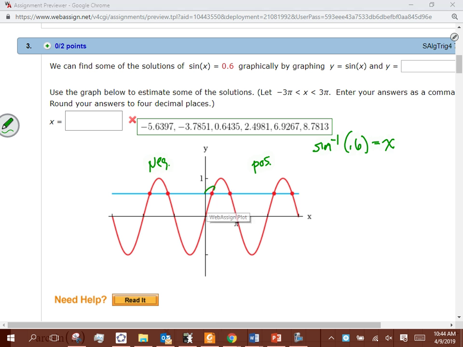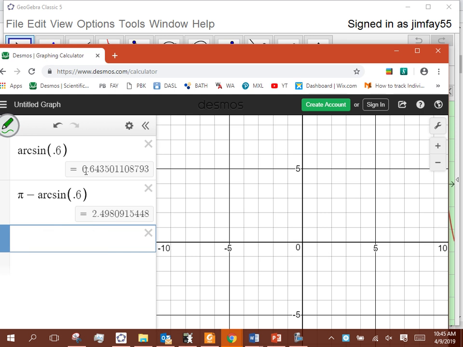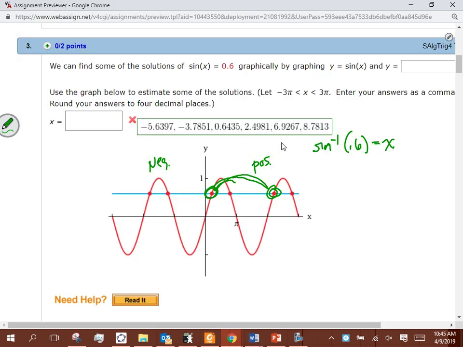Now, how does that one and that one relate? Are they the same point but in a different cycle? Okay, so with the sine function, what is that period? 2 pi. So can I take this number here and add 2 pi to it? Okay, so if I go arc sine of 0.6 and add 2 pi, that should give me this number right here.